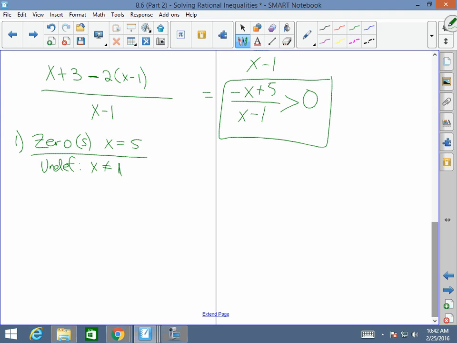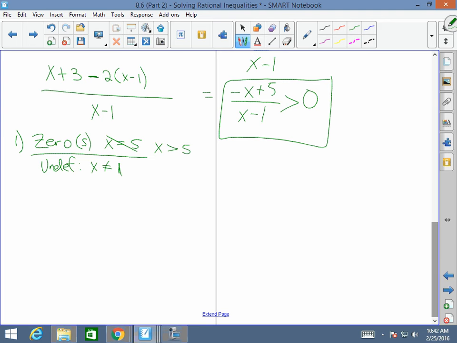Now, let's think about this for a second. For my zero, if x equals 5, I have 0 over 4, which is 0, correct? But this is greater than 0, not greater than or equal, right? So x cannot be equal to 5, really. 5 cannot really be an answer.